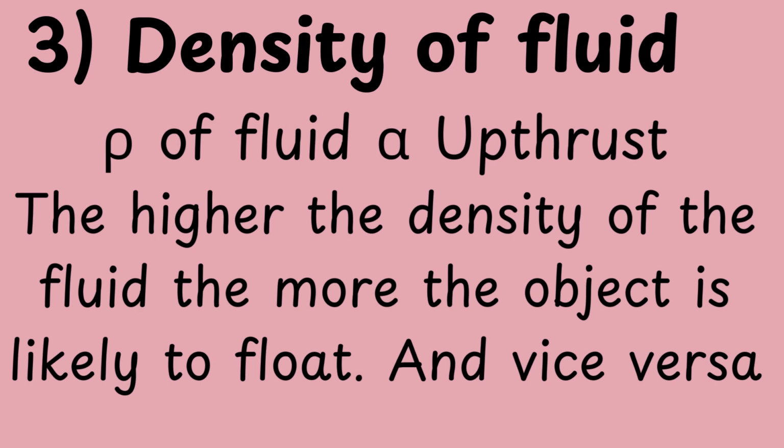Here we are basically seeing that upthrust force is the one assisting a body to float. Upthrust force is a very important force in explaining floating and sinking. So density of a fluid is directly proportional to upthrust. The higher the density of the fluid, the more the object is likely to float.